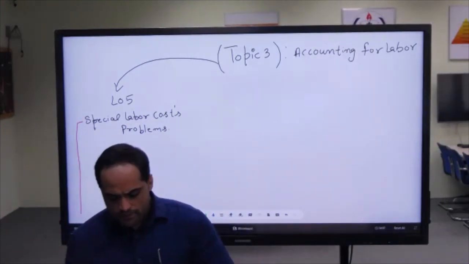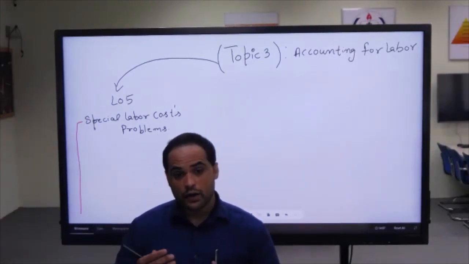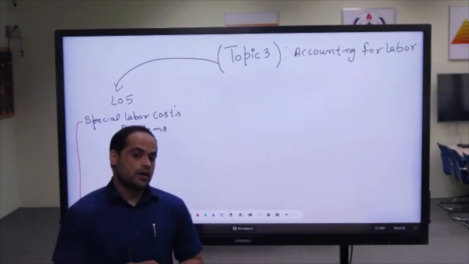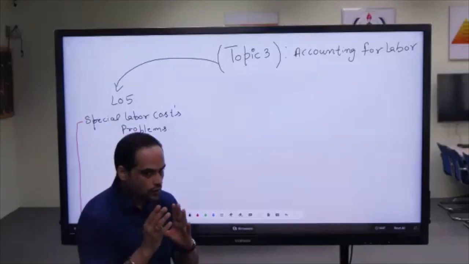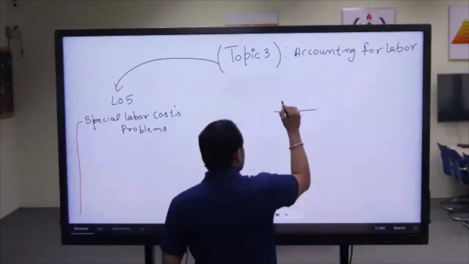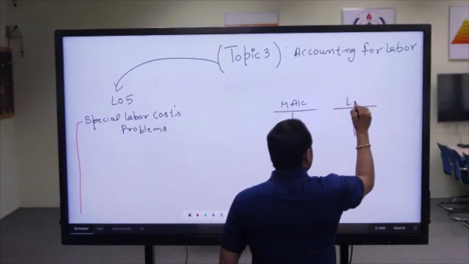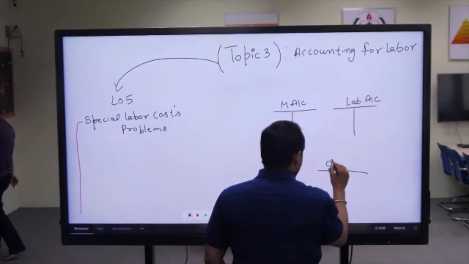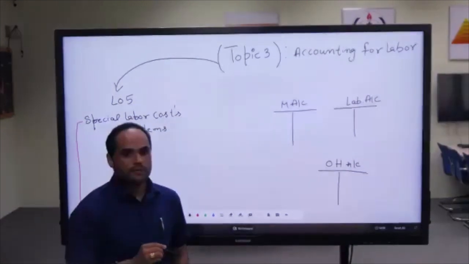In learning outcome 3, we learned about accounting for labor cost. All right, in accounting for labor cost, I want to give a quick glance over this accounting for labor cost. All right, so keep in your mind that we have material accounts, all right, labor accounts, and we have factory overheads accounts. All right.